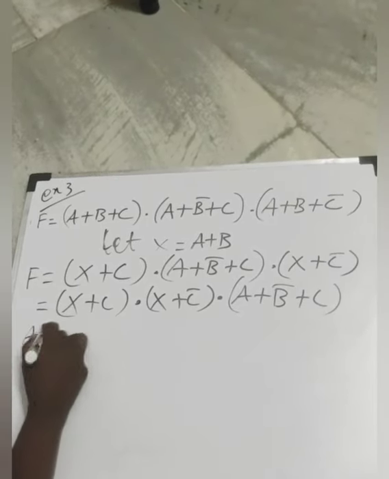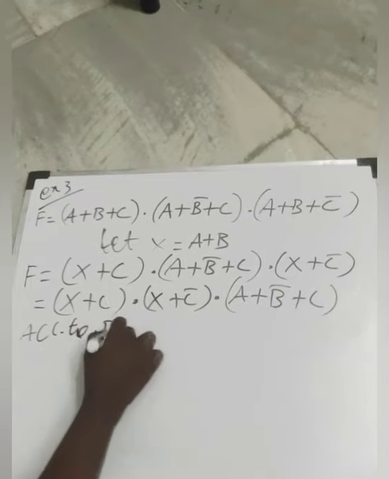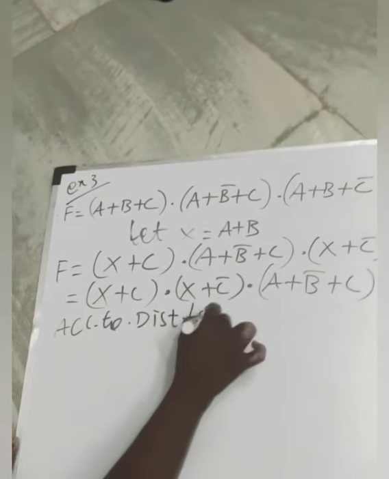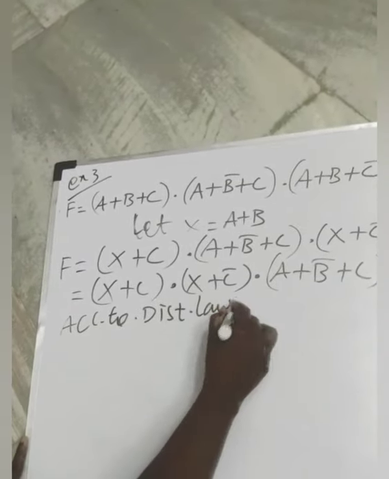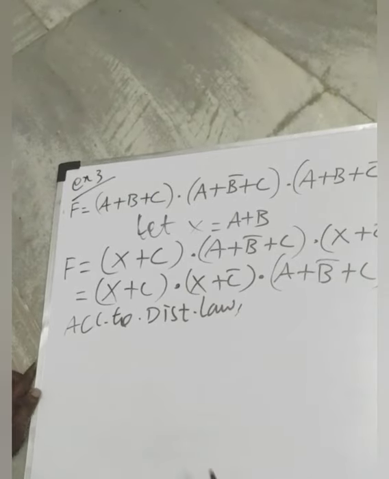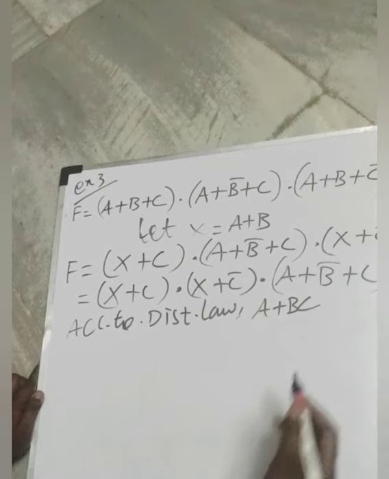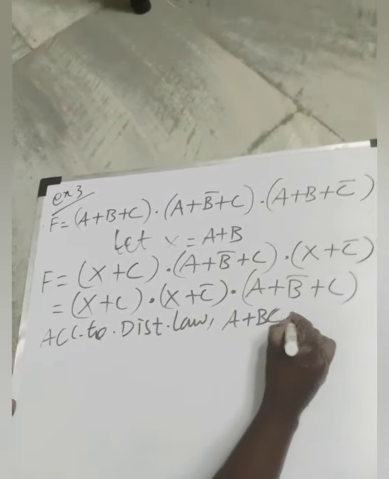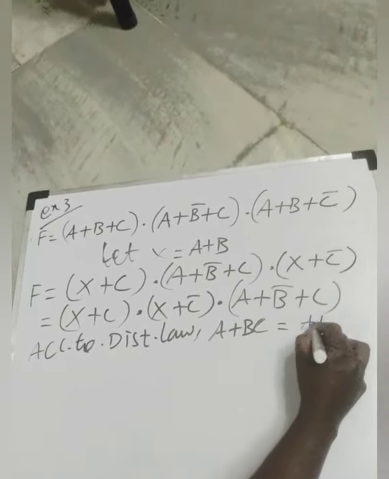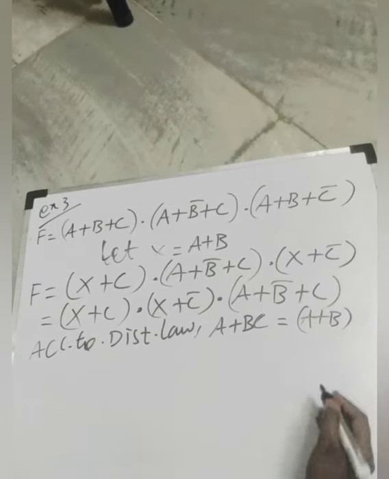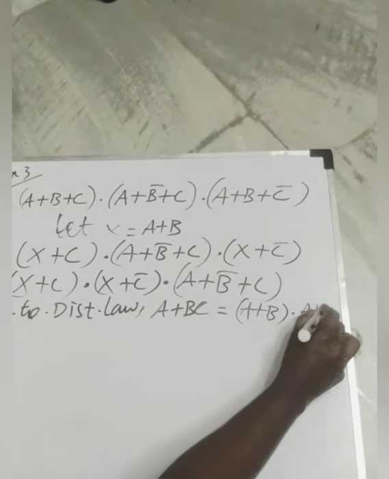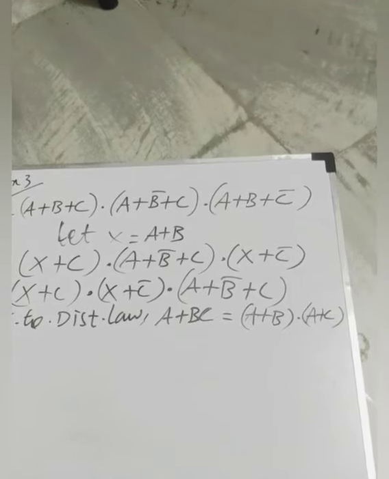Then, according to the distributive law, a + bc is equal to (a + b)(a + c).